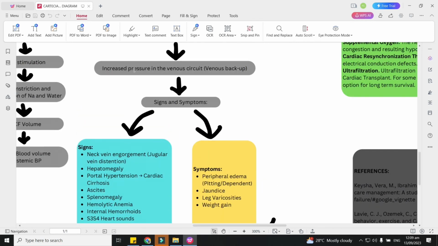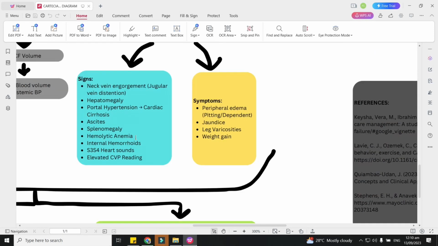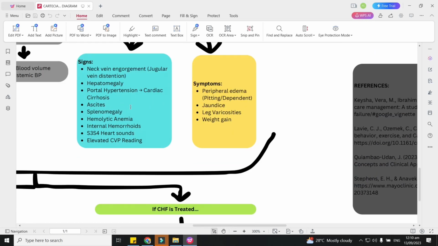So again, the blood dumps or overflows back to the blood vessels of the patient. So we have the inferior and superior vena cava, right? So there is a specific test. So neck vein engorgement or the jugular vein distension, for example, our patient. So their jugular vein is very distended when they have this CHF, hepatomegaly, and then portal hypertension, of course, cardiac cirrhosis, ascites, which is very present with our patient.